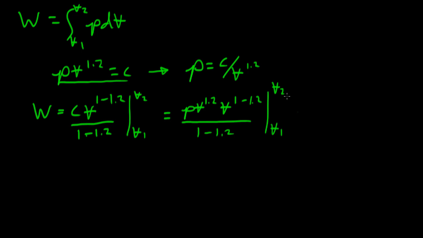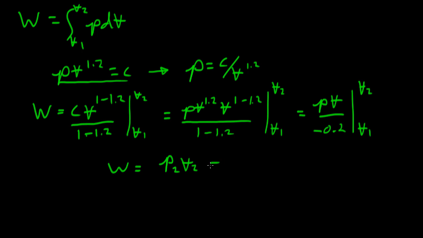You see there that the exponents add, and we're left with PV divided by 1 minus 1.2, which is minus 0.2, evaluated at volume 1 and volume 2, which finally becomes P2V2 minus P1V1, all divided by minus 0.2.